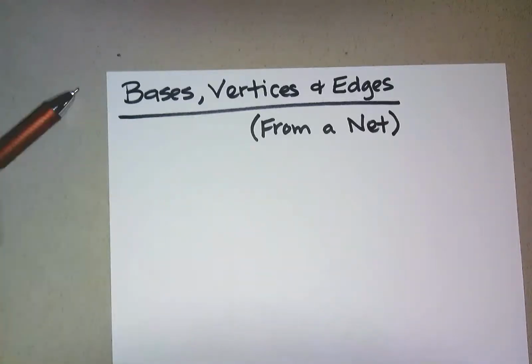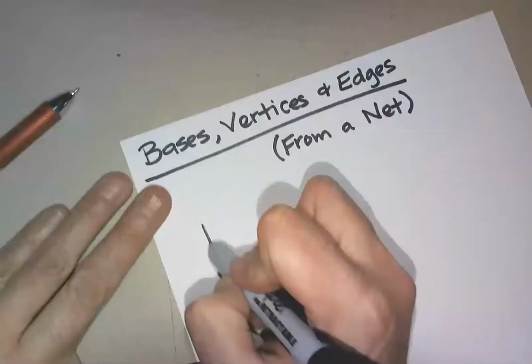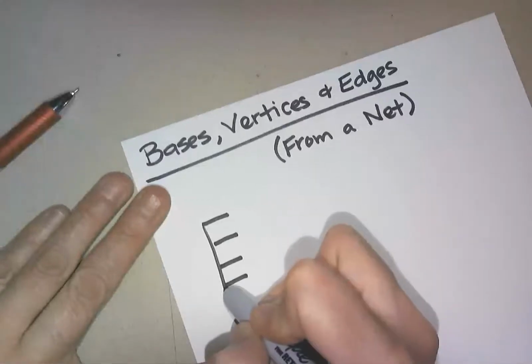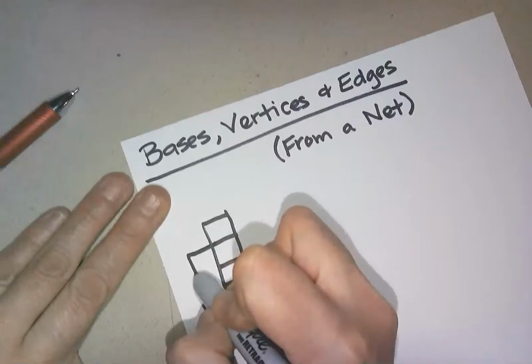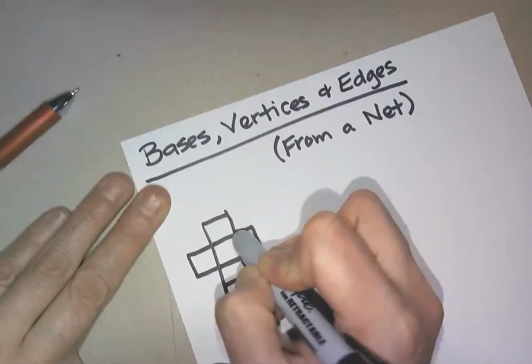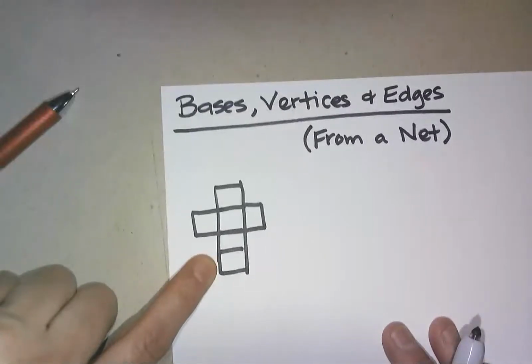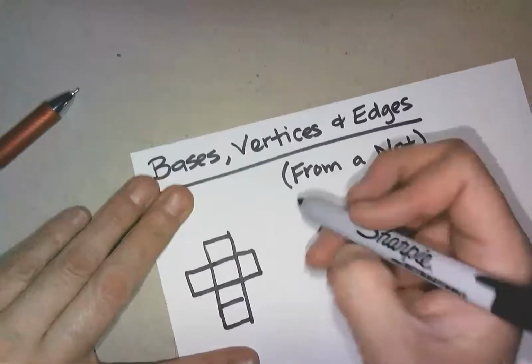Here we go. So let's see. 2, 3, 4, 5, 6. Okay. Let's say I was given this shape. This is a net of a cube. Okay. And let me go ahead and write that in here.